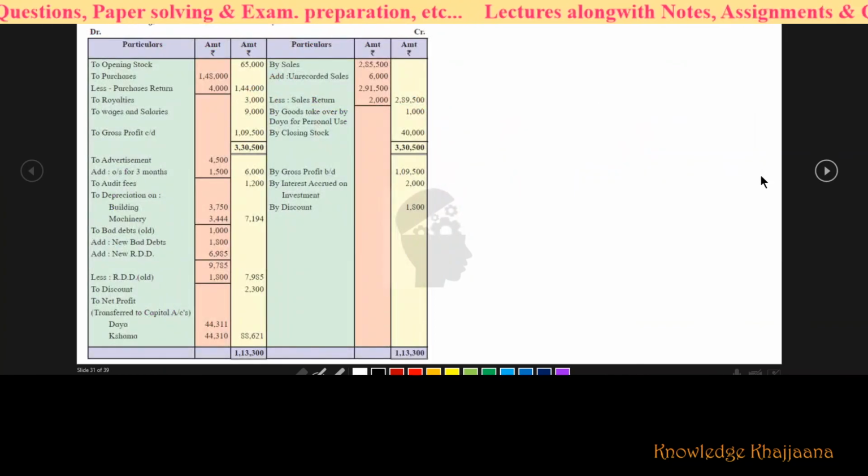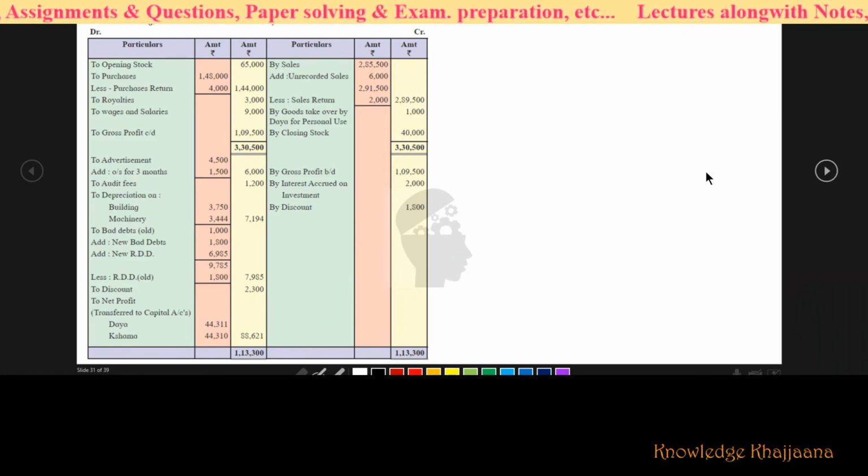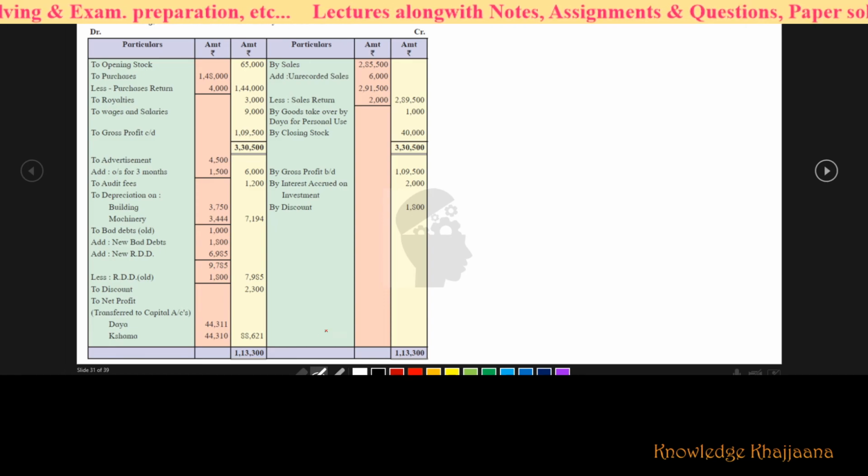So far whatever we have solved is exactly matching with what has been solved in the book. Our gross profit was 1,09,500, and our net profit was rupees 88,621. It is also matching.